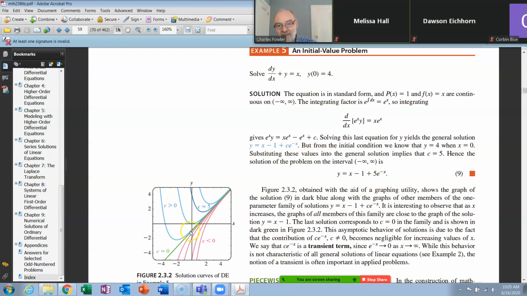But when you have a form that looks like this, especially with the C in there, here's what that looks like. For very large x's, this term is going to go to 0, because e to the minus an incredibly large number is 1 over e raised to an incredibly large number. That's 2.7, or let's just round it to 3, over an incredibly large number.